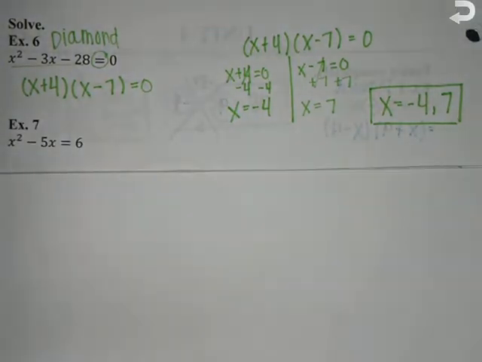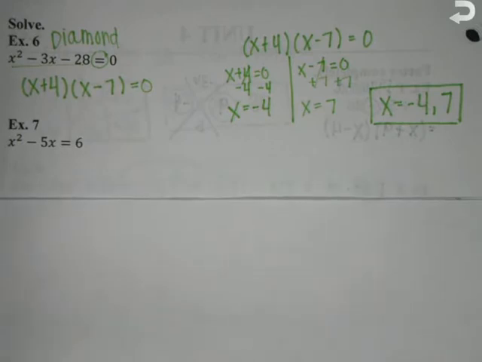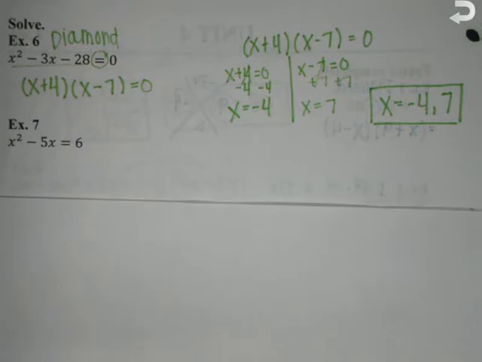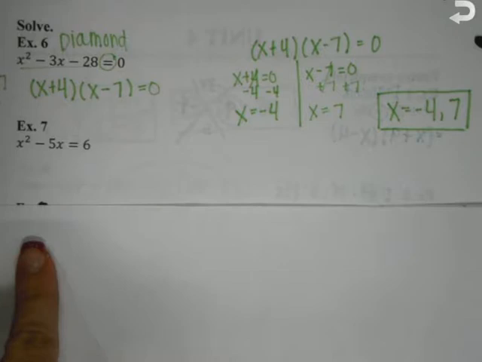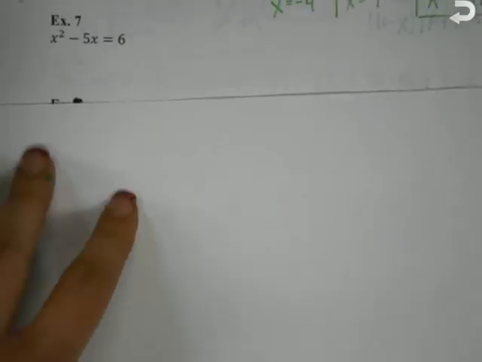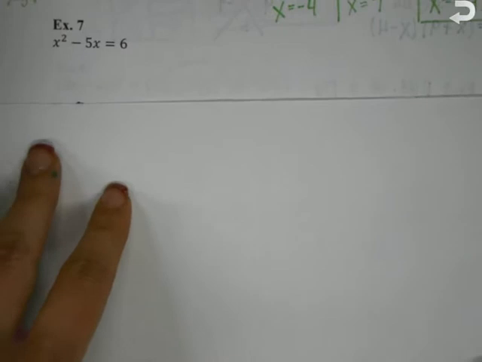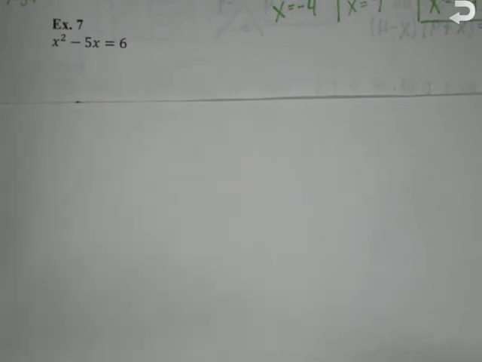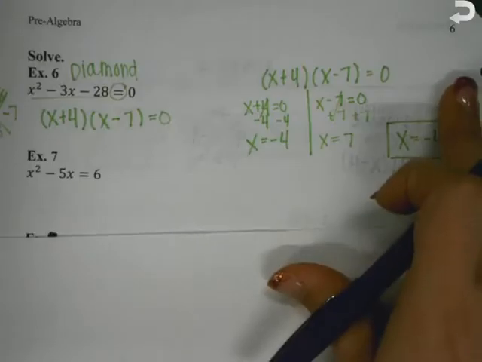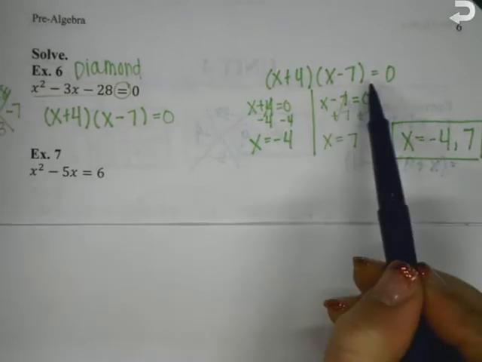Okay, so let's look at example 7. What happens if it's equal to a number and not 0? You just subtract that number. Very good. We want to set it equal to 0. We cannot do this unless it's equal to 0. That's the only way we can do it. So for something like example 7, we have to set it equal to 0. And how can we do that? Subtract 6. We can subtract 6 from both sides.